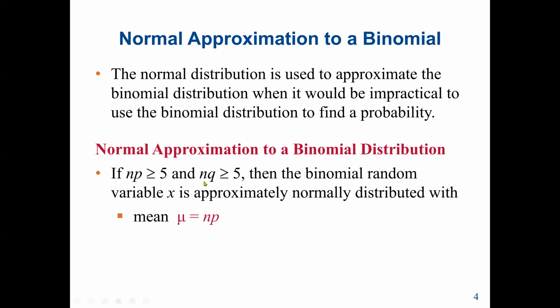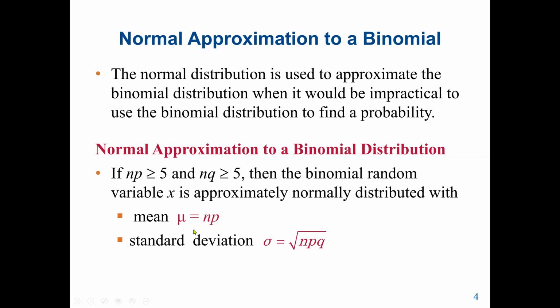As we said earlier, when the sample size is large enough, we can do the normal approximation to the binomial distribution. The main reason we do it is when it is impractical to use the binomial distribution to find a probability. So in this case, we approximate with the normal distribution.